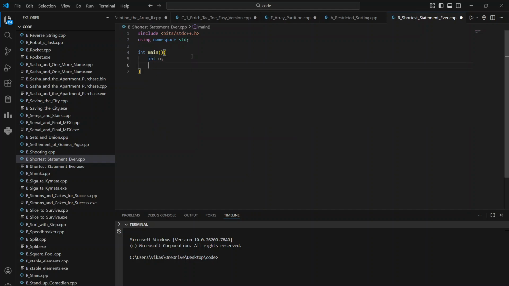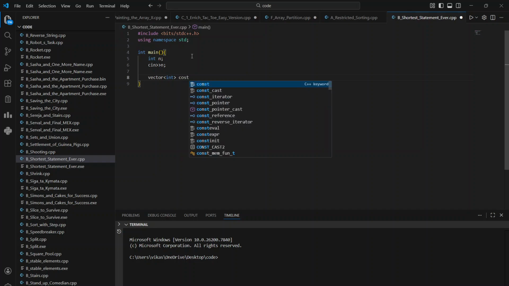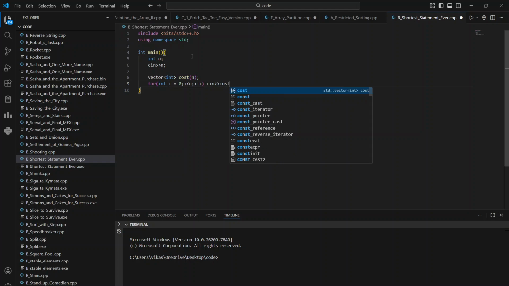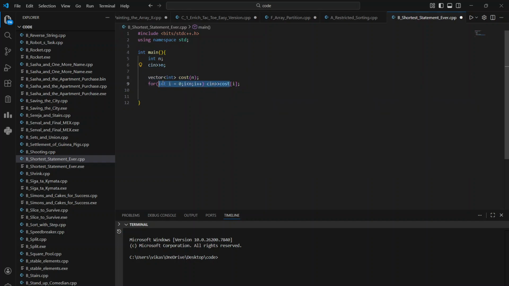Let's just take its size as n, and let's say this is the cost array. Okay, so let's say we are given just the two things. We have this vector cost, and I know that the cost if I come to this ith tile, what is the cost I have to give? That's it.